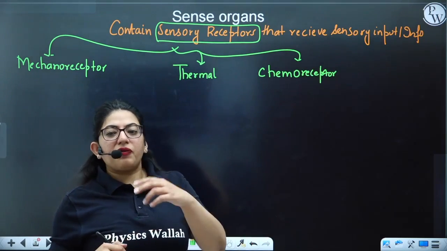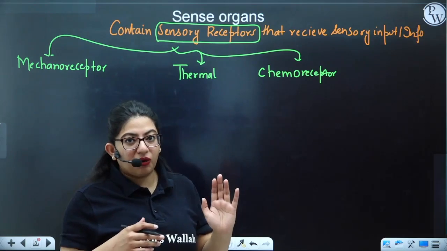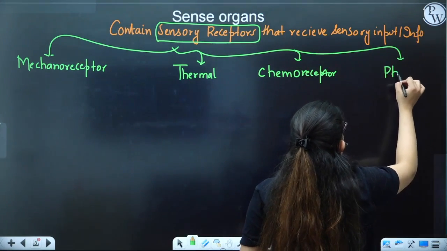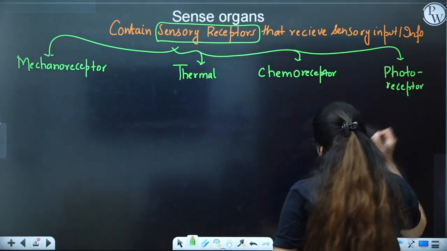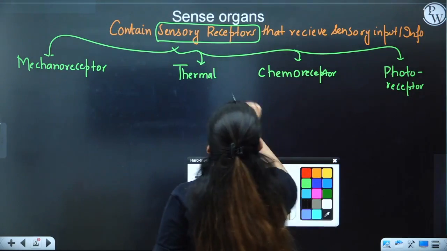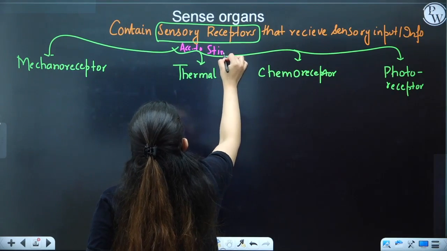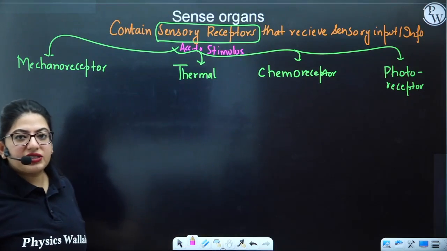Based on what type of stimulus they are getting, we have classified them accordingly. And then we have the photoreceptor, whose stimulus is light. According to the stimulus they receive, we have classified these sensory receptors into various categories.